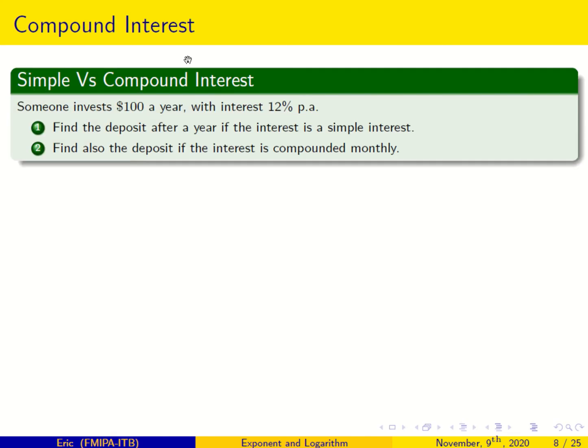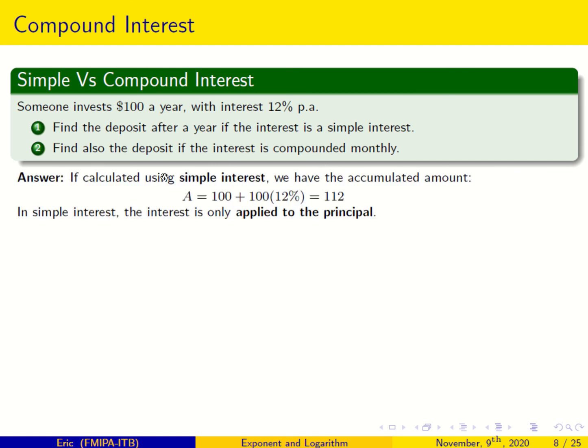So this is the application, simple and compound interest. If someone invests 100 for a year, just one time, and the interest rate is 12% per annum, find the deposit after a year if the interest is simple interest. Find also the deposit if the interest is compounded monthly.